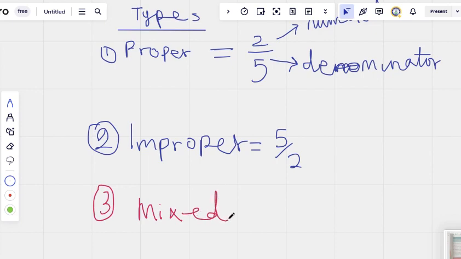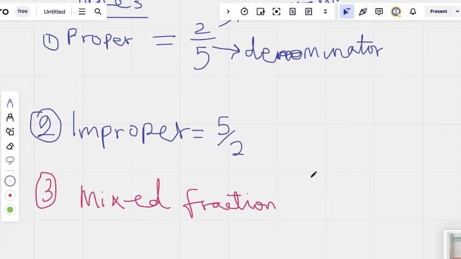A good example of a mixed fraction is if I write one whole number, or two whole number 3/5. You see, I have a whole number and then I have a fractional part. When I mix them together, this is called a mixed fraction.